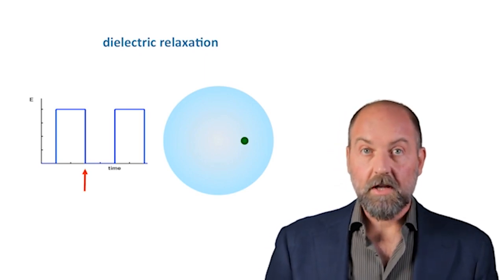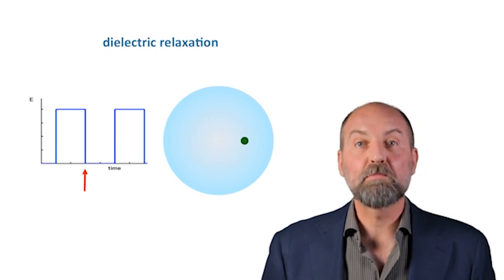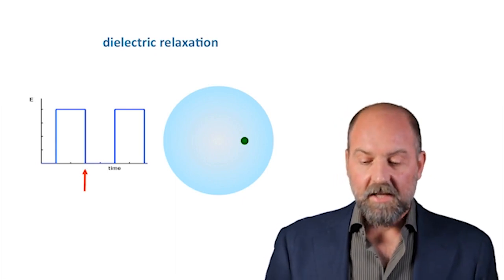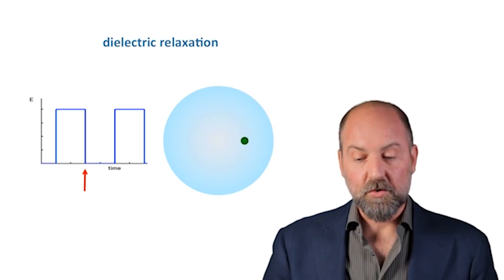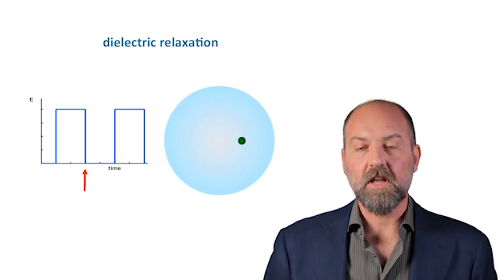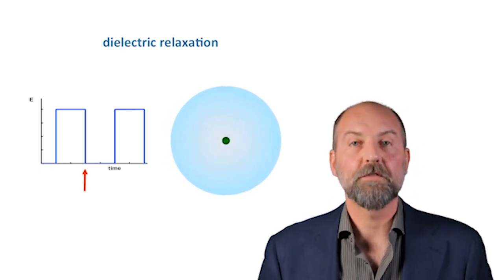And so the polarization cannot proceed any further, and the charges have to go back to the original position and then eventually follow the field.